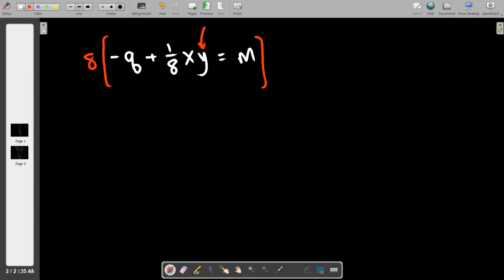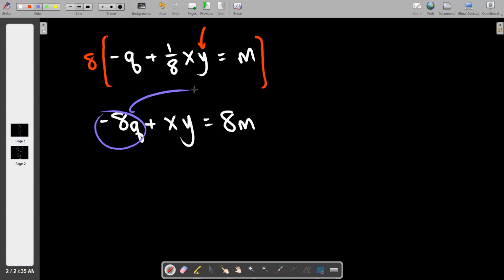So if we multiply by 8, we get negative 8q's plus just xy. Yeah, so when the 8 multiplies, it just gets killed off by the fraction, and then the xy survive. That's, I won't say that's it, but at this point, if I'm solving for y, it's pretty much simple pimple from here.